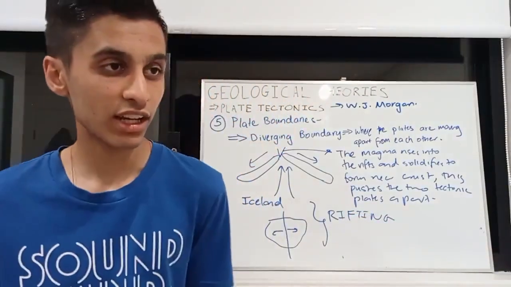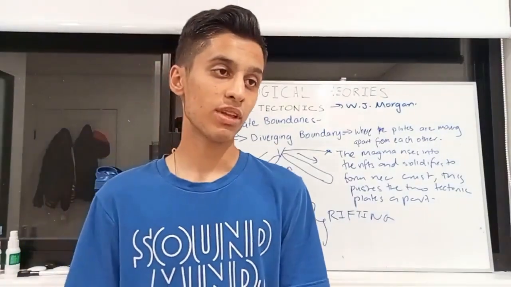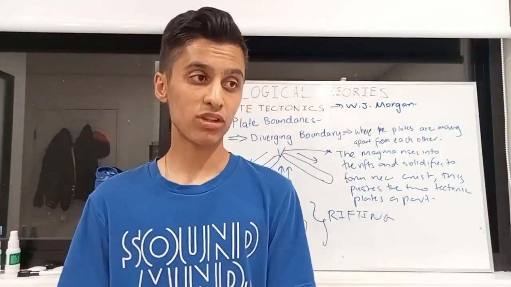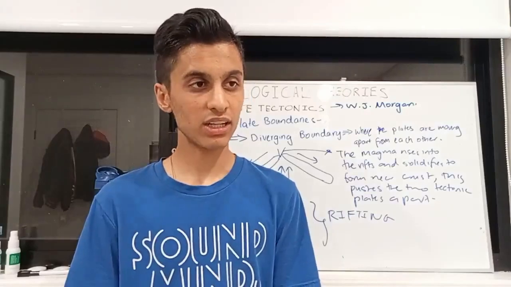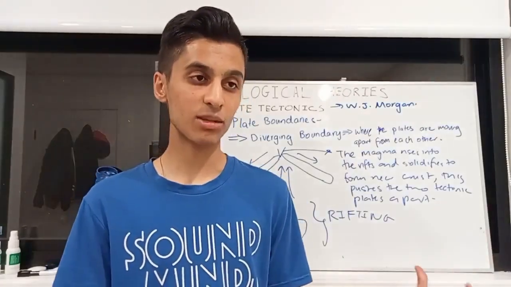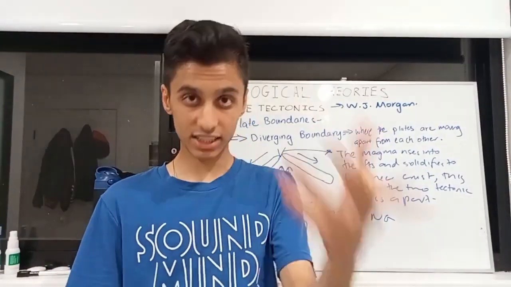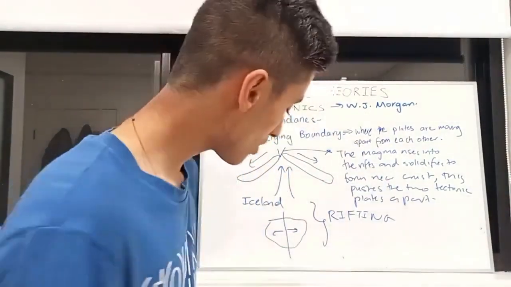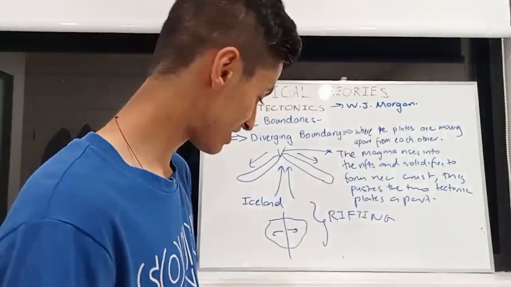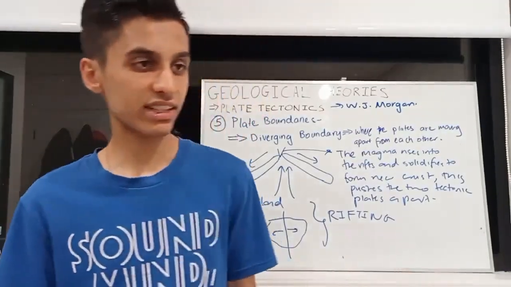So what is rifting? Rifting is the process by which continents break. The crust cracks and subsides, which allows water to flow in, and then seafloor spreading occurs. In the case of Iceland, this rifting is occurring.